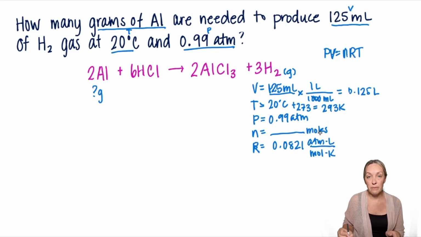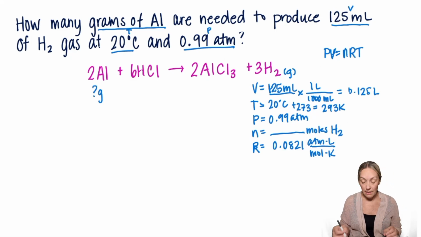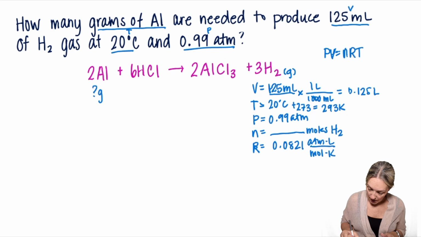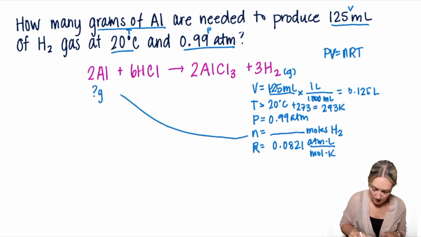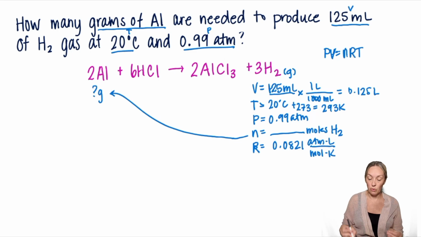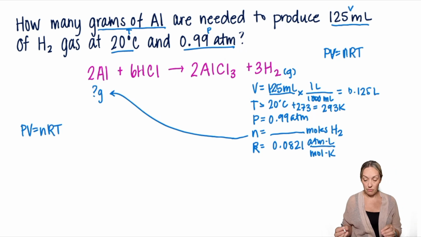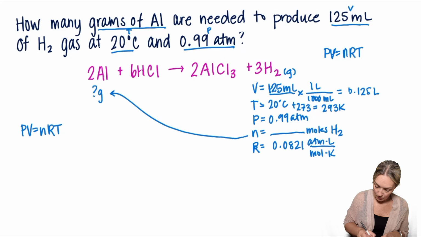But it's important to remember that when I get moles, that is going to be moles of H2. So as soon as I get moles of H2, I can then convert my moles of H2 into grams of aluminum using my stoichiometry and my mole ratio from the balanced equation. Again, I know 4 out of the 5 variables needed to solve for my gas law, so I'm going to plug in what I know.